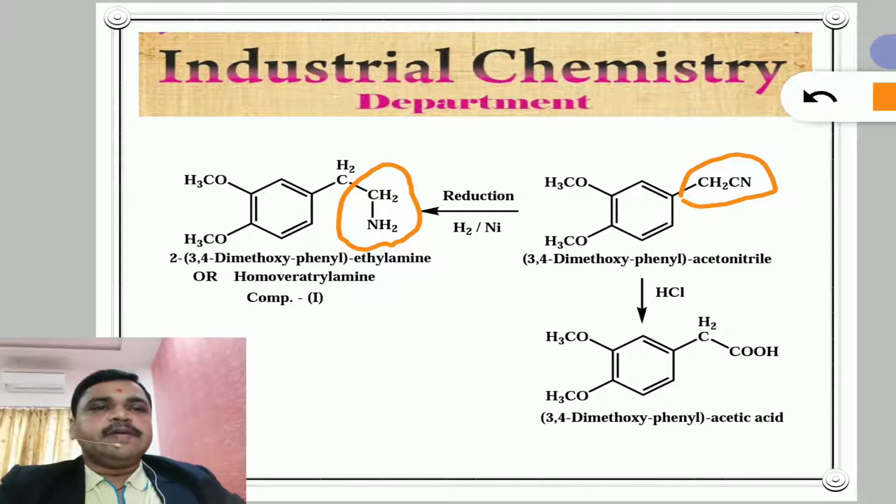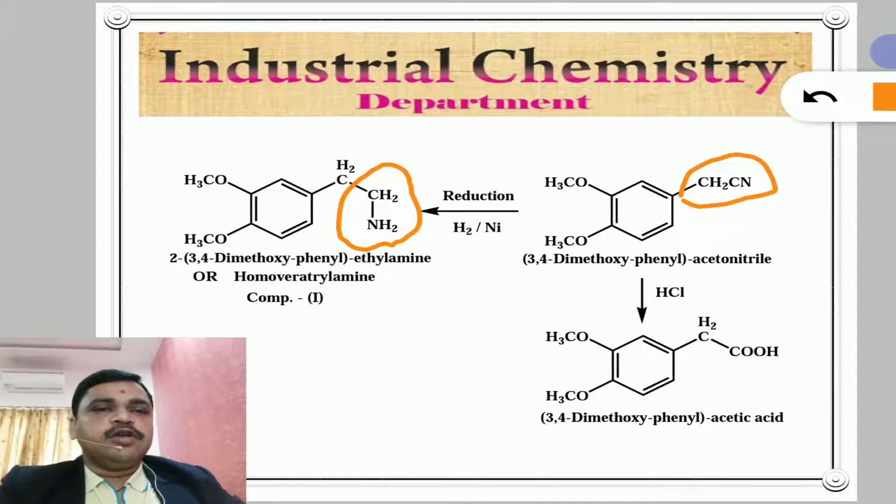So after reduction we get 3,4-dimethoxyphenyl ethylamine or homoveratrylamine. It is our compound number 1. So reduction of 3,4-dimethoxyphenyl acetonitrile gives homoveratrylamine, our compound number 1.